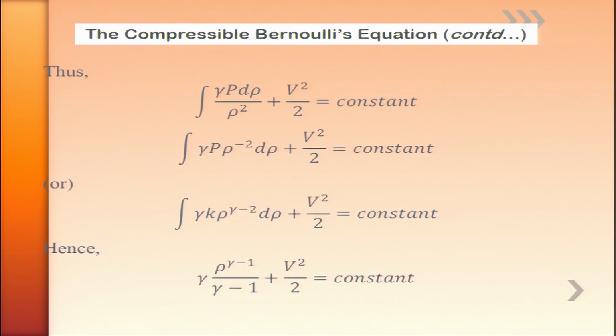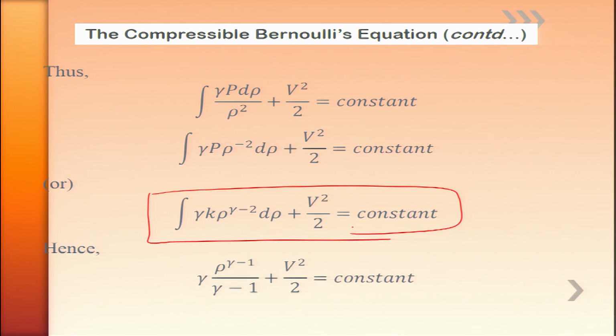Further, if we integrate this equation, I will obtain gamma P d rho by rho square plus V square by 2 equal to constant. Further, gamma P rho to the power minus 2 d rho, I am rewriting this equation, and since we have introduced P by rho to the power gamma equal to k, I can obtain directly these terms, that is gamma k rho to the power gamma minus 2. It leads to the simple integration x to the power n dx, which is nothing but x to the power n plus 1 upon n plus 1.